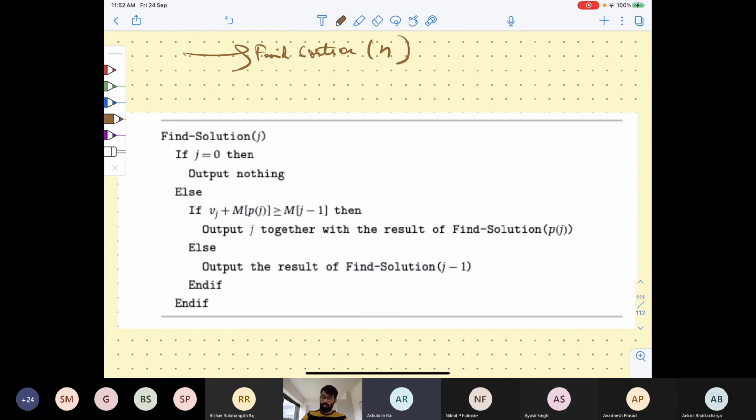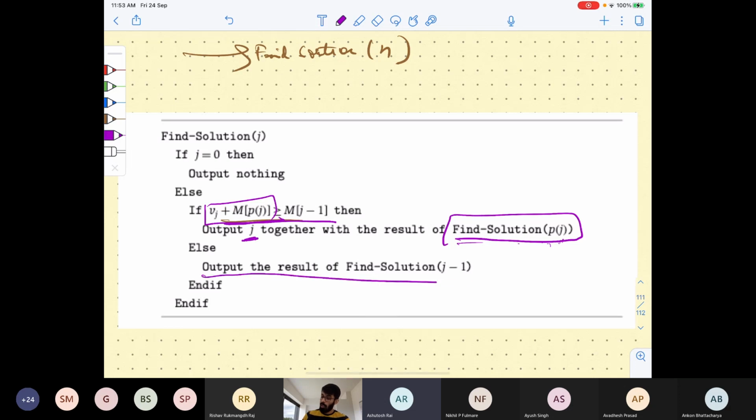Otherwise it uses whatever we had in the lemma, the value of M for this, and if this value is greater than or equal to this value, then it outputs j together with the result of find solution of pj. So it calls find solution of pj, and otherwise outputs the result of find solution j minus 1.